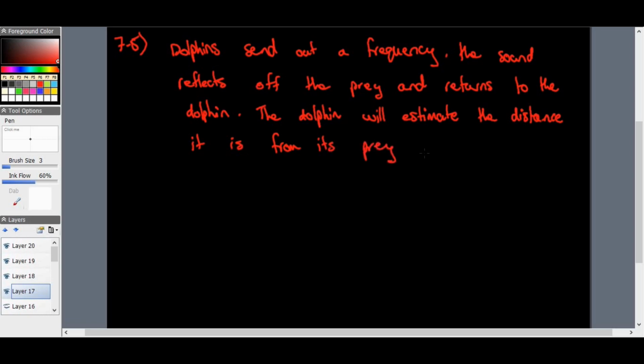And the way it does that is by using the time for the echolocation to return, or for the echo to return. So it sends out a frequency, reflects off the prey, and it'll estimate how far or distance it needs to travel to get there, of course, by the time it took.